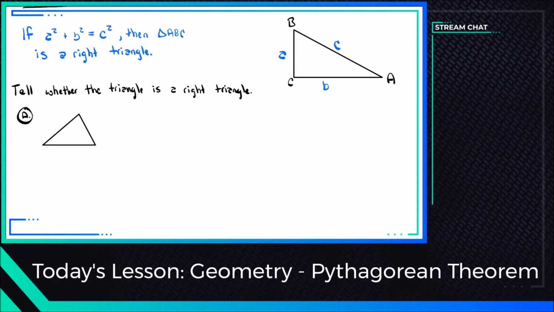It's going to be 8, 7, and the square root of 113. And triangle B is going to be 36, 15, and 4 times the square root of 95.